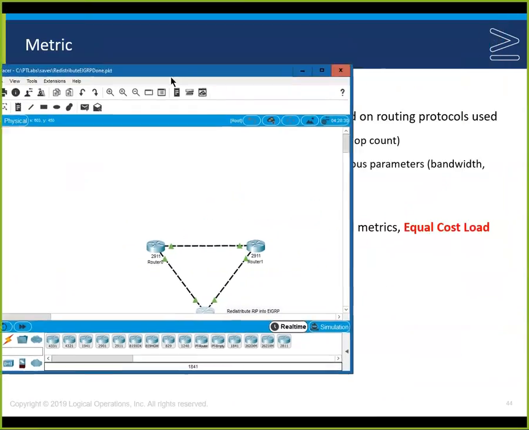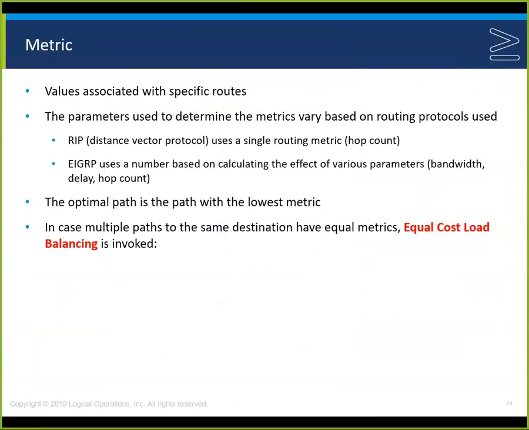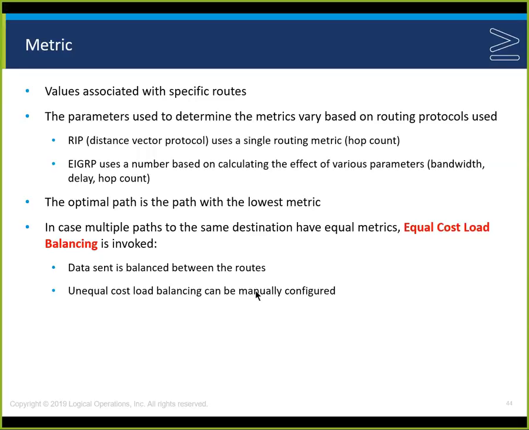So equal paths, equal cost, the paths that we can get. Balance between the 2 routes. Unequal cost load balancing can be manually configured on some protocols. Not all of them allow that. What does that mean? Is I've got that 10 gig and the 56K. Obviously, most of the traffic's going to go, and not RIP.